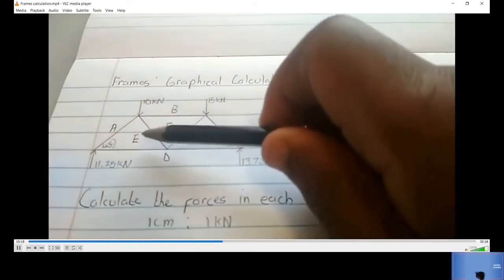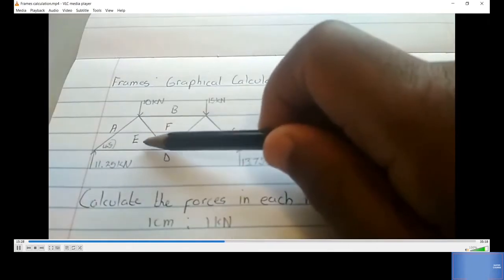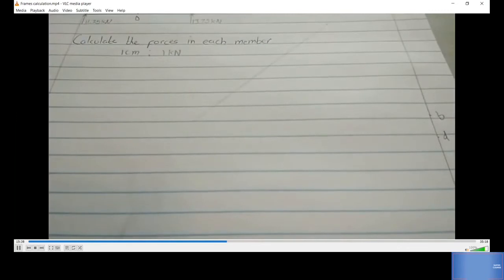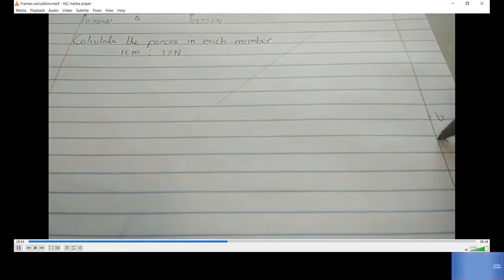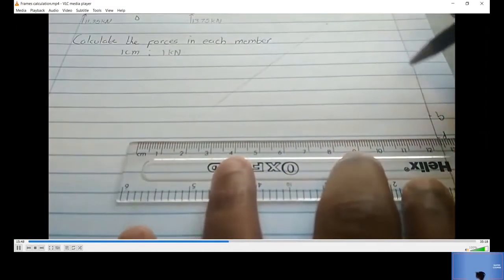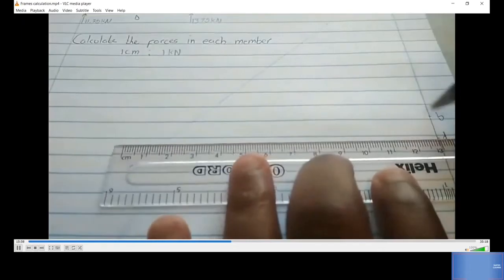The next line to draw will be ED, because our force will be on a horizontal. ED, we still don't know where E is, but we know where D is, and it's a horizontal force. So we go down to D. Okay, so there's our D there, and it's horizontal. Wherever they will meet with this line, that's going to be, let me just extend this line first so that it will be able to meet with D. There we go.